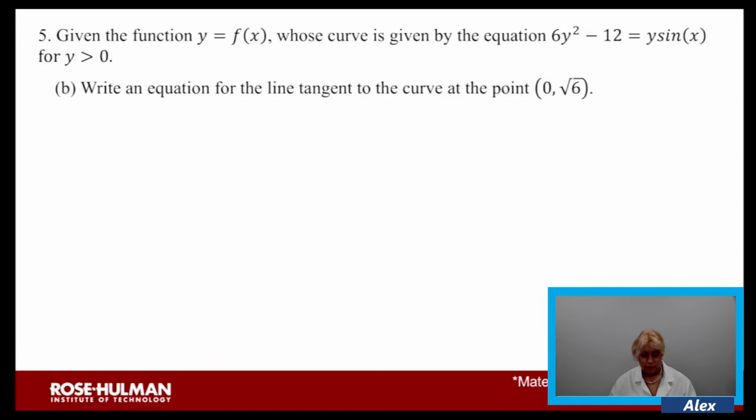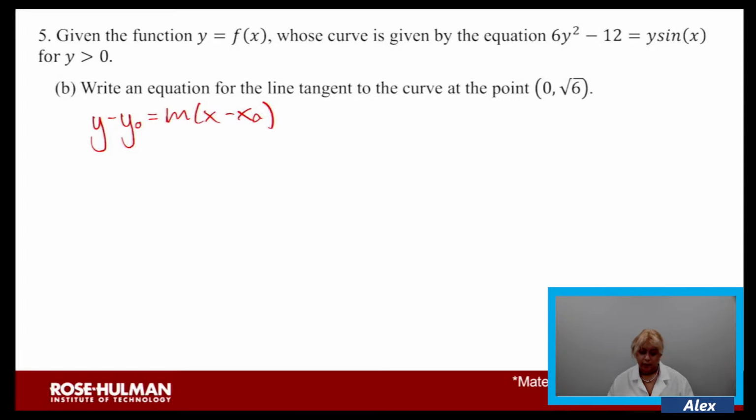For part B, it says write an equation for the line tangent to the curve at point 0, root 6. So it's the same equation, but this time they want us to write the equation for a line. So the equation for a line, as I'm sure you know, is y minus y naught equals m.